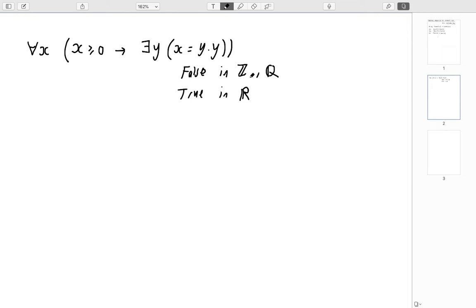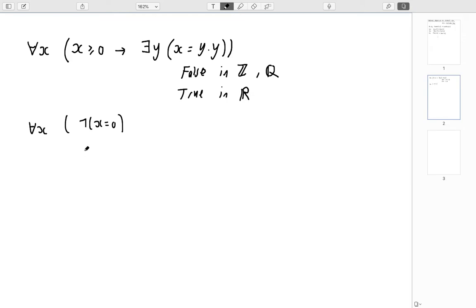every non-zero number has a multiplicative inverse. So let's formulate that one. So that would be for all x, if x is not equal to 0. So if we were writing that in the long-winded way, it would be like this.